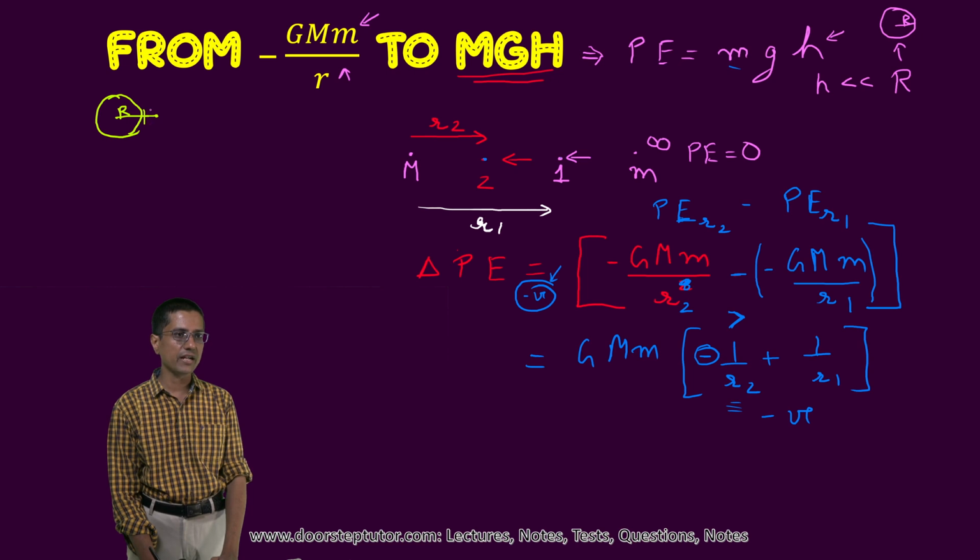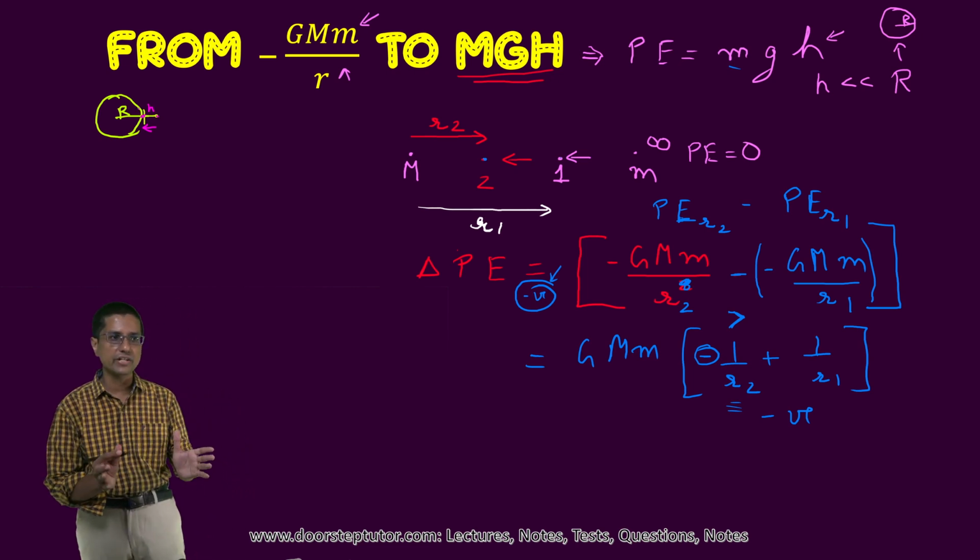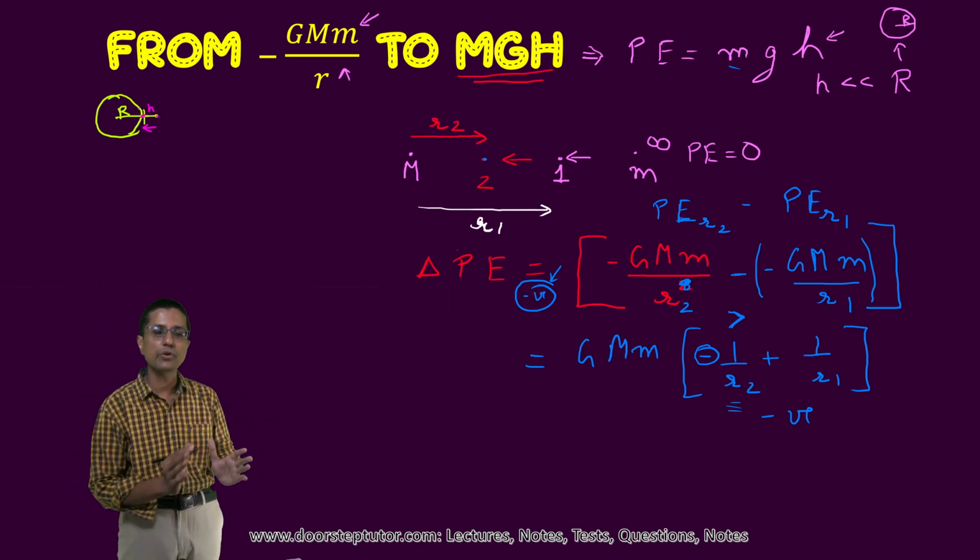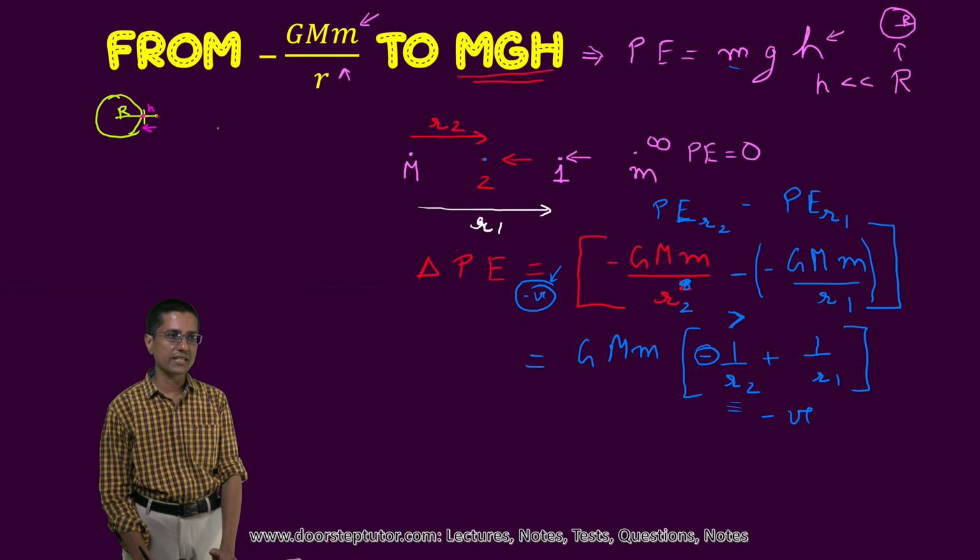So this height is h here, and it is going towards the earth. It was at a height h, and then it fell down on the earth. So that is what the configuration is. Now we will calculate the change in potential energy in that circumstance, where the body is at height h and then it falls down.